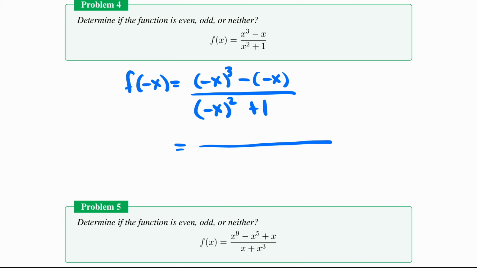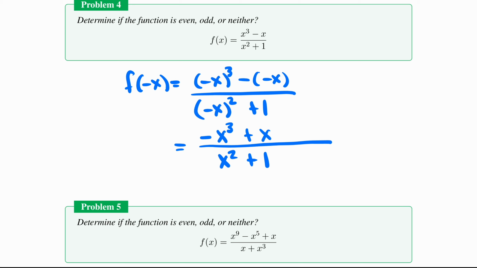So in the top left, I have an odd power, so the negative comes on the outside. In the second term, I have two negatives, which make it into a positive. In the bottom, I have an even power, so the negative just goes away. Is this the original one? Well, the answer is no, it is not.